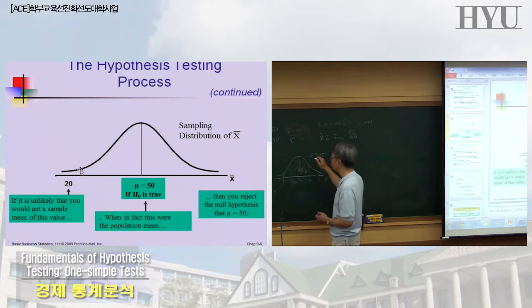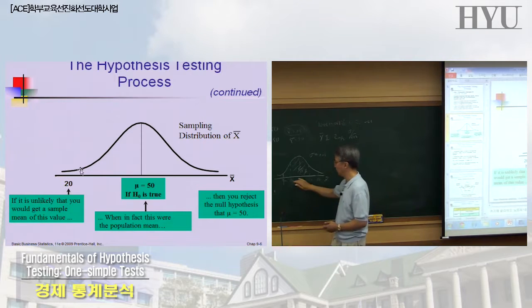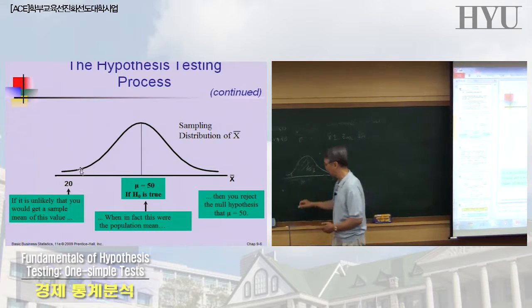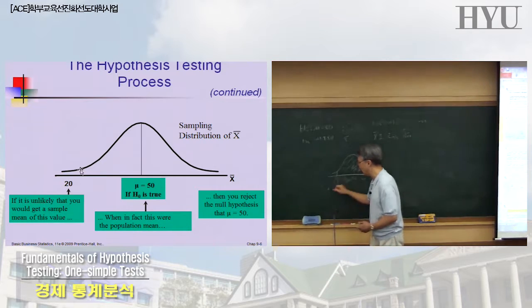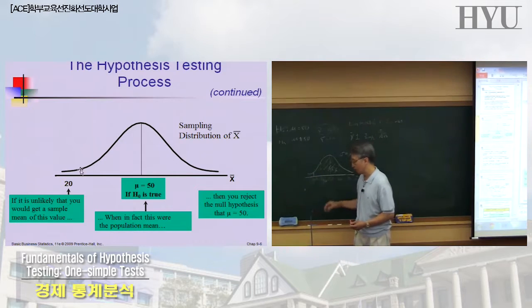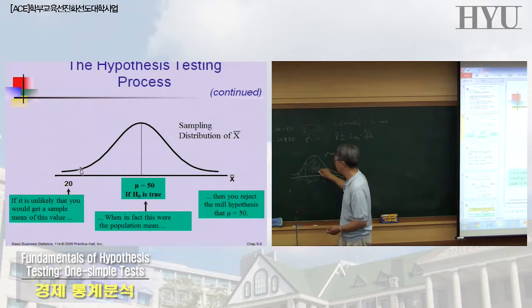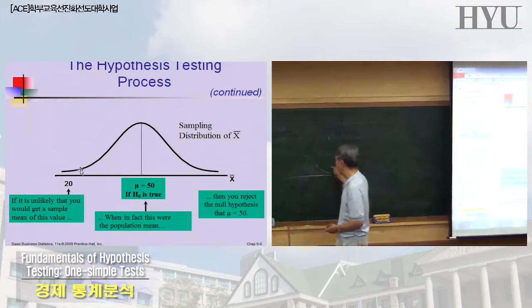To make it simple, let's say sigma was slightly smaller than 15, say 14.8. Then this would have been 20.4. So the probability that you will get 20 as the sample mean will be even smaller than 5%, about 2.5%. If this was 95%, then you have 2.5% here and 2.5% here.